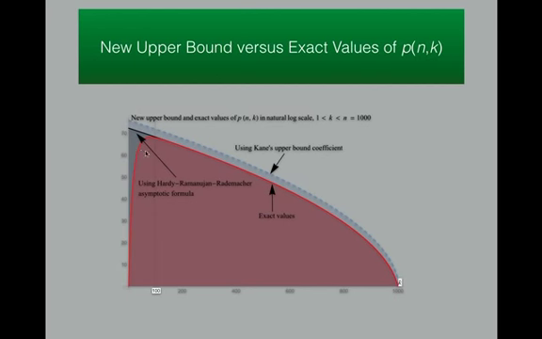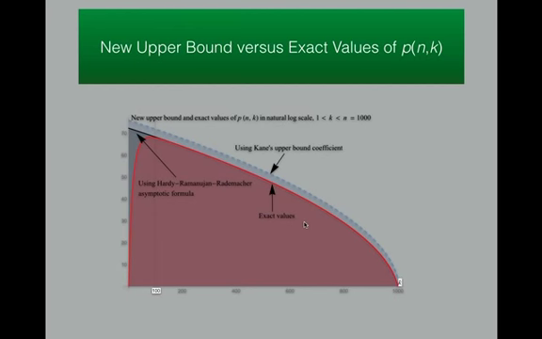However, as we said already, the one with the Keynes upper bound coefficient gives us a proper upper bound, whereas the other one is asymptotic somehow, and it cannot really be claimed to be an upper bound, even though in this curve it clearly is following from above the exact values of the P and K.